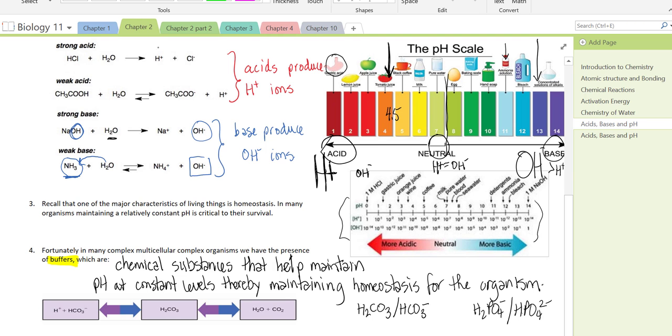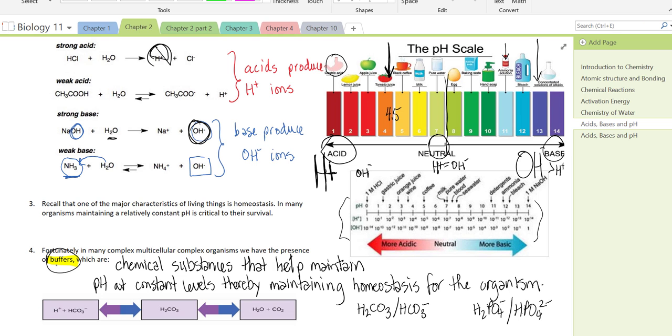Organisms could be susceptible to these things in their cells, and they could be damaging. And so more complex organisms have ways of dealing with these acidic and basic substances. These things are called buffers. For example, let's say you were to gnaw on a lemon, well, it's very acidic.